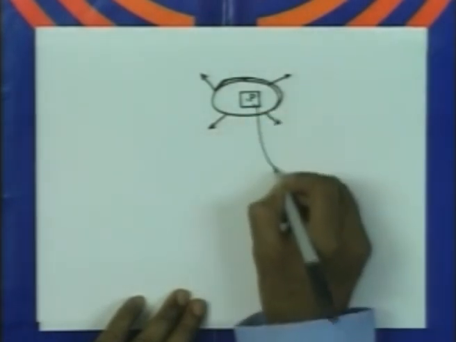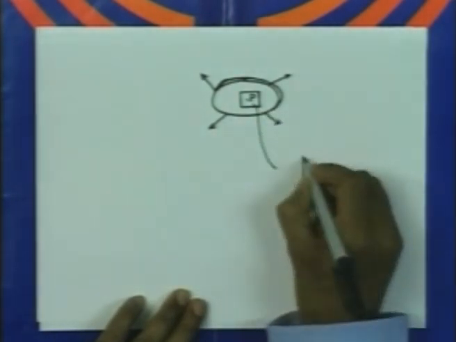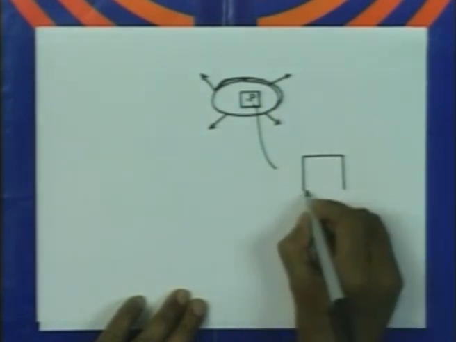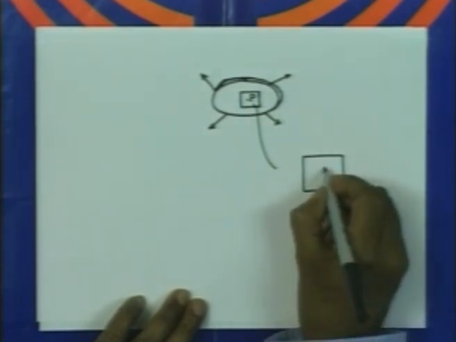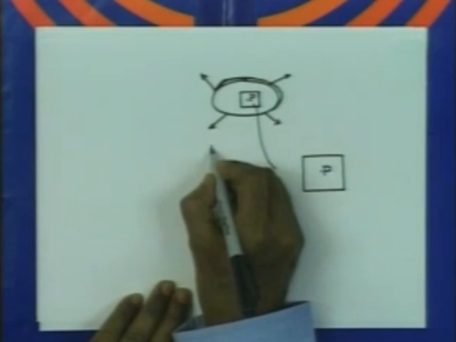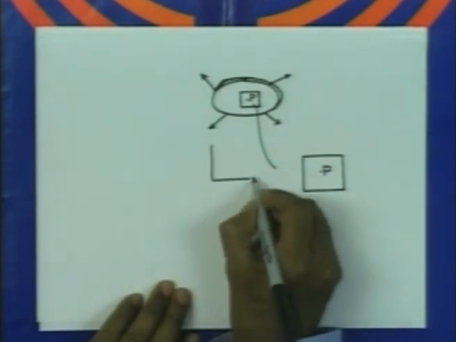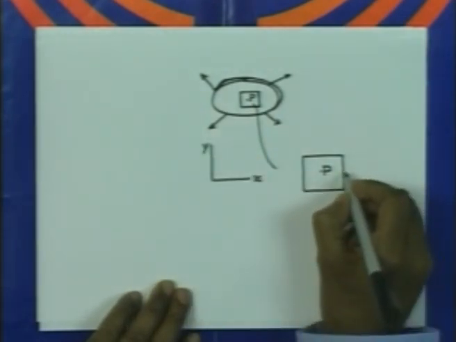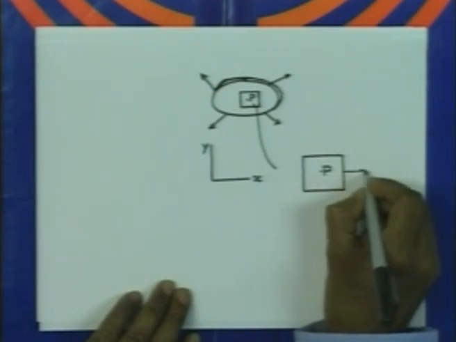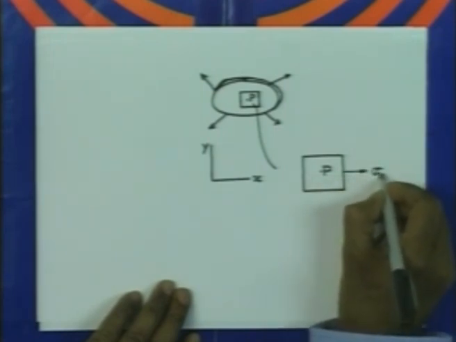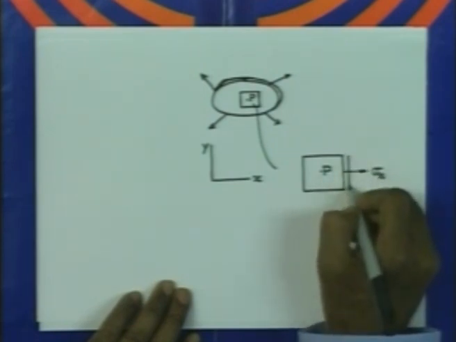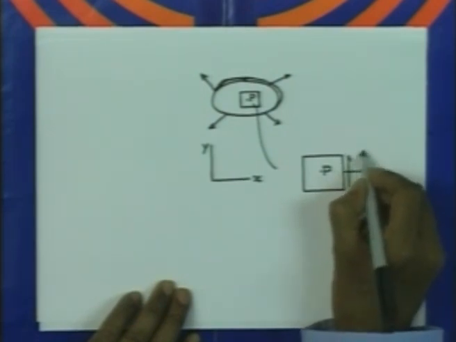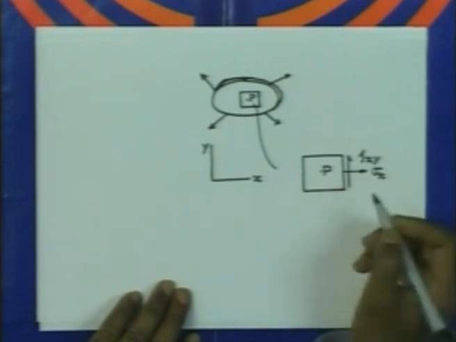So therefore if we draw to a larger scale, this is the element around the point P, and if we select our axis to coincide with the plane of the body, then we are going to get the stresses acting on the, this is the positive x face, so there will be sigma x stress acting here, and there will be shear stress acting on this face, which is x face y direction.